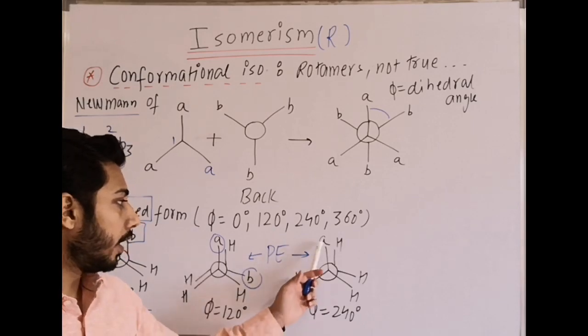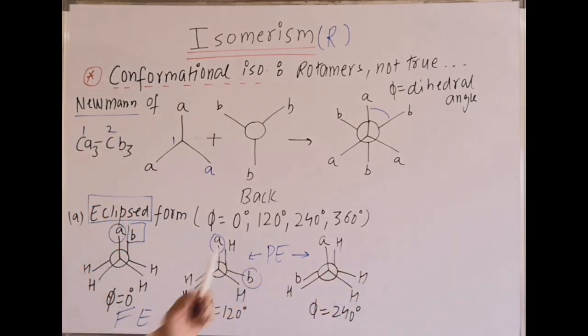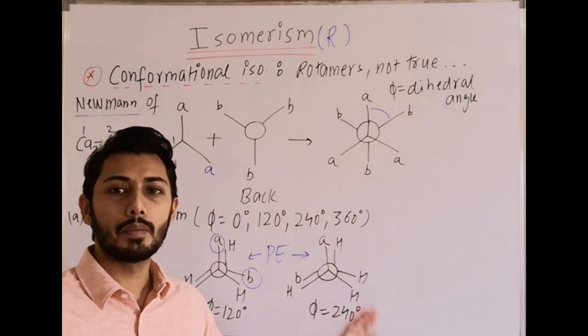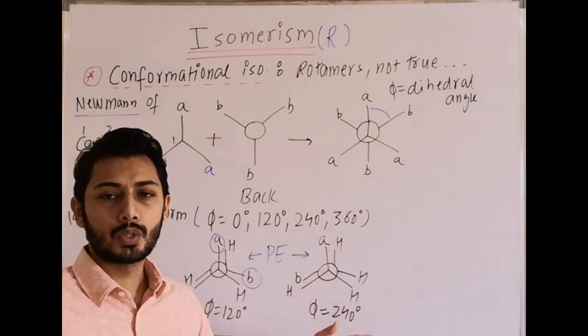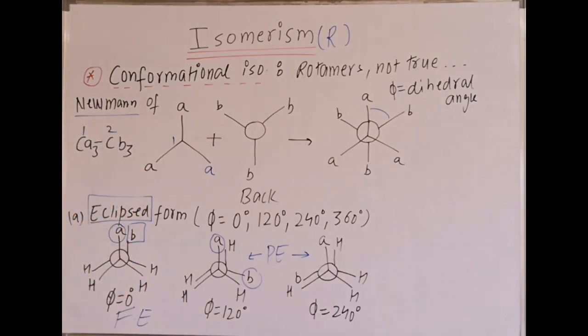A in front of H, B in front of H and H in front of H. It is again partially eclipsed form. If all the groups are same, suppose all are hydrogens, then we can use only the term eclipsed, no mention of fully eclipsed or partially eclipsed. So this is about the eclipsed form of Newman.